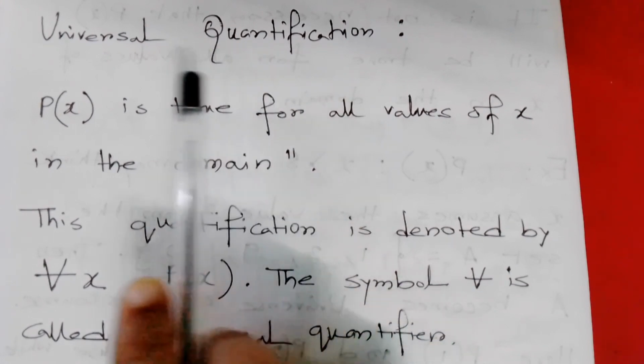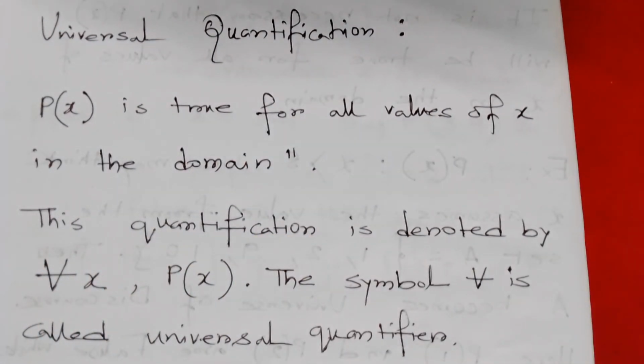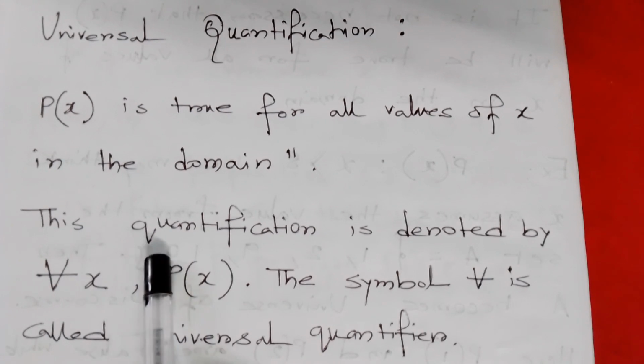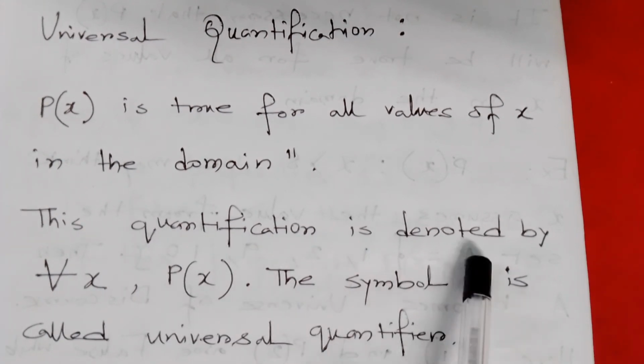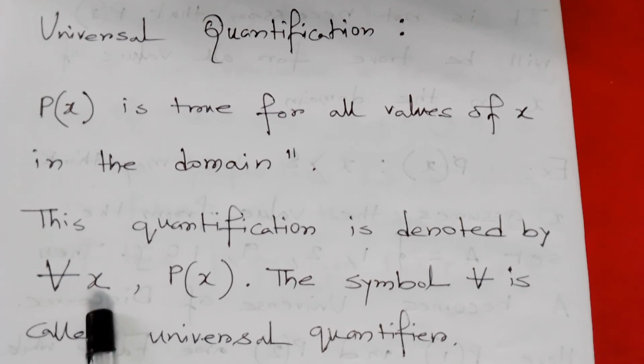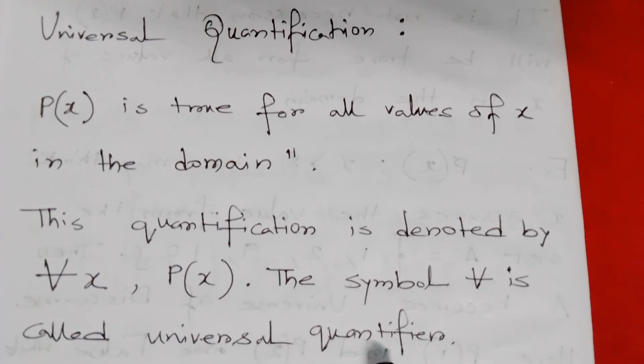Now I am starting with universal quantification. P(x) is true for all values of x in the domain. The quantification is denoted by this sign, universal quantifier x of P(x). This symbol is called the universal quantifier.